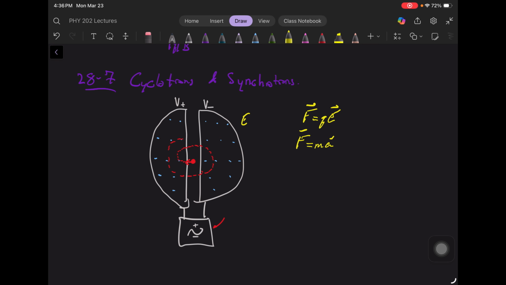Yeah. And that flips the electric field, which flips our acceleration. And so now we get a bigger arc, and we just keep doing that, right, until we go faster and faster and faster. And then eventually our particle zips out the side, going extremely fast, or as fast as we need it to be, right? And so that's the essential working mechanisms of a cyclotron.